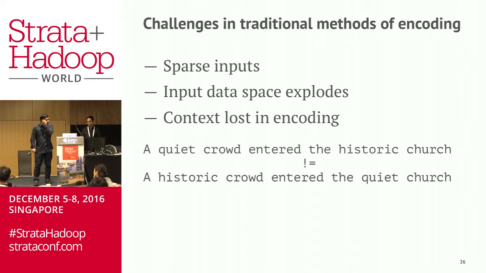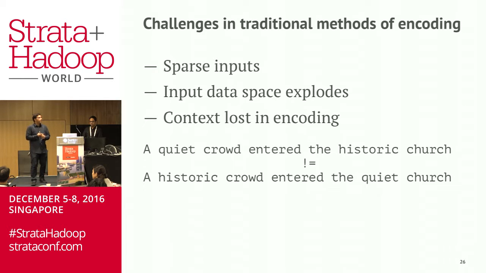But it is inefficient, largely because of two or three reasons. One is it creates a very sparse input matrix, right? The more bigrams and trigrams you create, the more the matrix will explode. So the input matrix that goes into training the model is sparse, and it can very quickly explode because we're using a sparse representation.